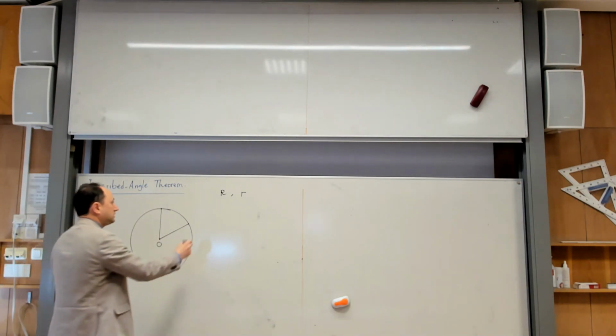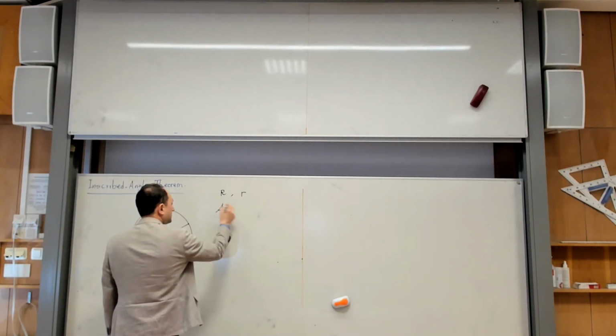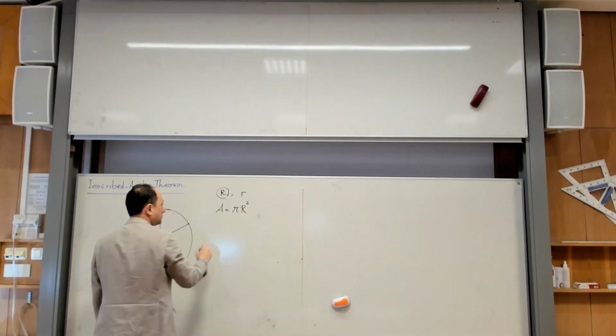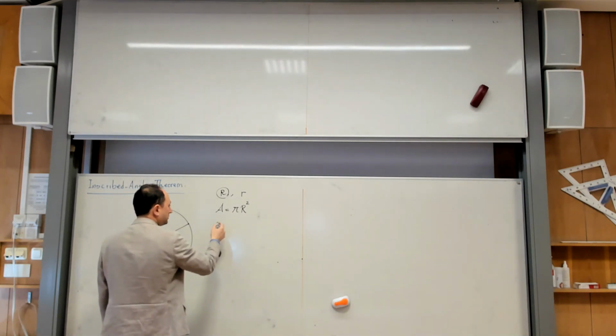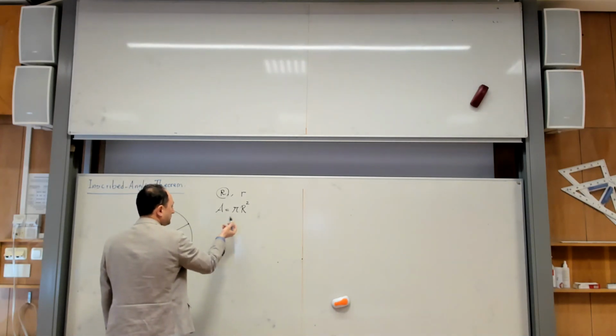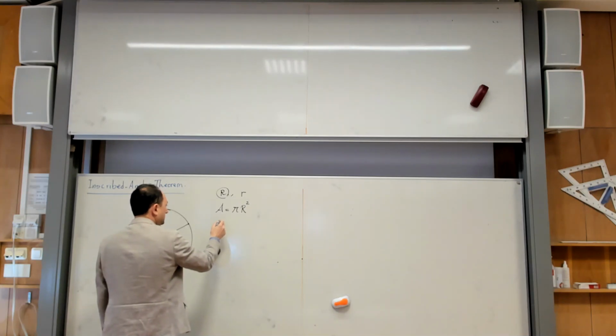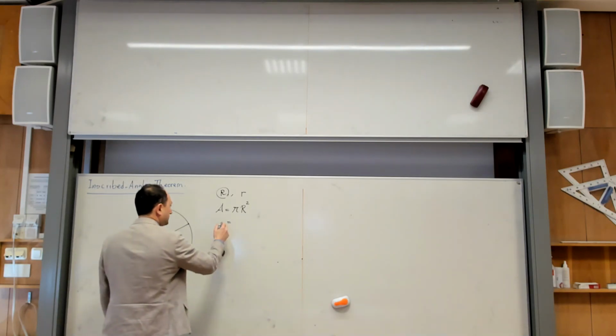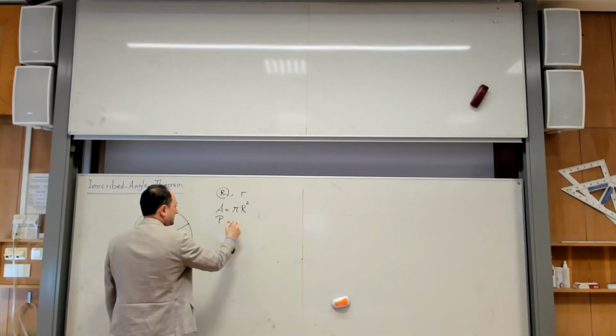The area of the circle is probably famous for you: pi r squared. And if I ask you what is the circumference or perimeter of the circle, there is no standard notation, but you can say the perimeter P is 2 pi r.